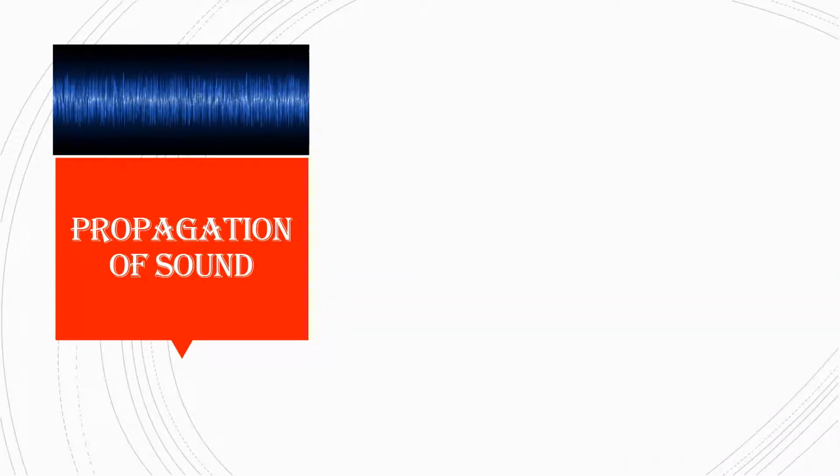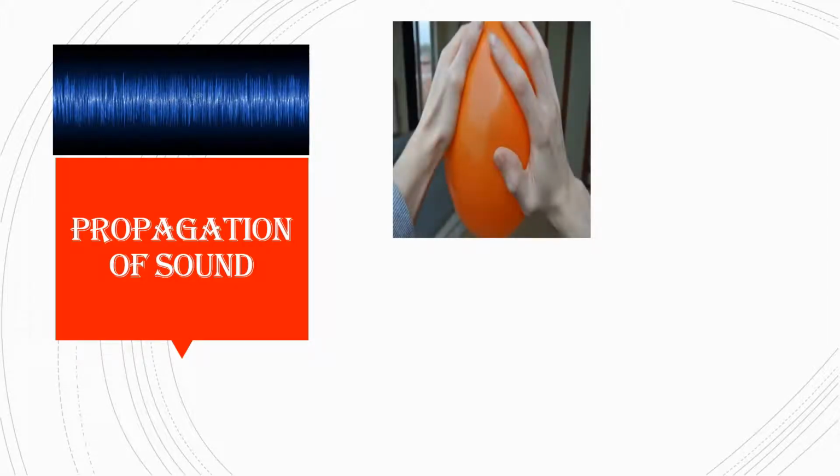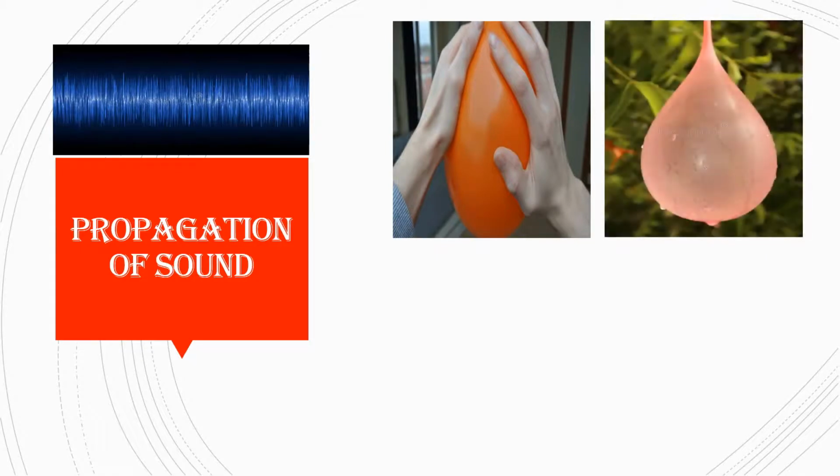Now students, to understand propagation of sound, we can try this by taking two balloons and filling air in one and water in the other. Now press the balloon filled with air against your ear and rub a finger on the balloon and listen to the sound. And repeat the same activity with the balloon filled with water. Through which balloon do we hear a clearer sound?